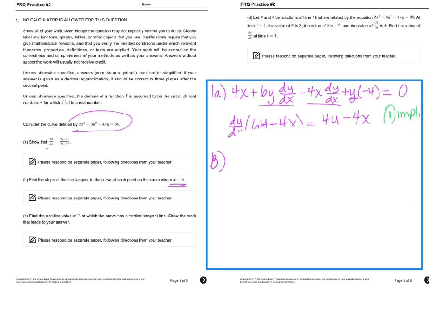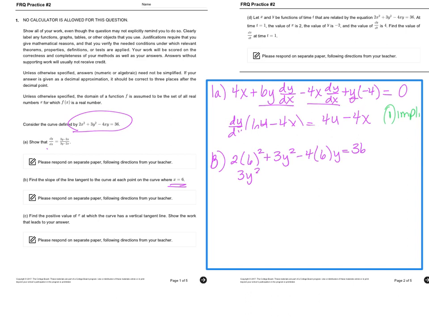So I'm going to go back to my original, and I'm going to plug in 6 for all the x's. I know that x is 6, but that's great, what's the y value? Now, you do have a calculator, so if you wanted to check yourself, that's fine.